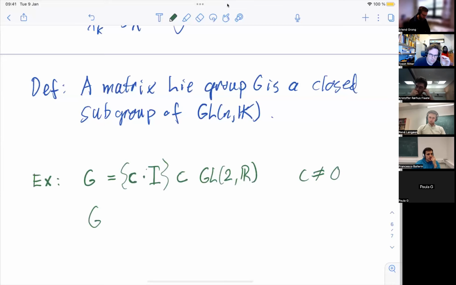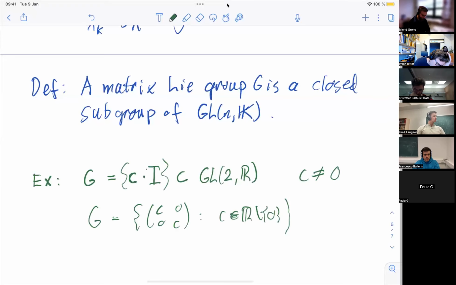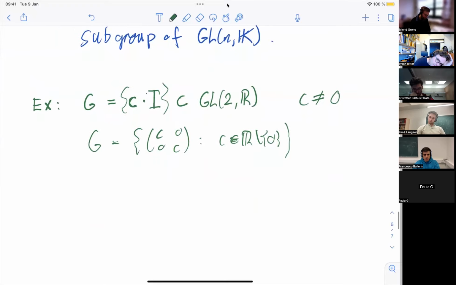So in other words, G is equal to the matrices (c 0; 0 c) like this, where c is real and non-zero. This is a subgroup of GL_2(R).